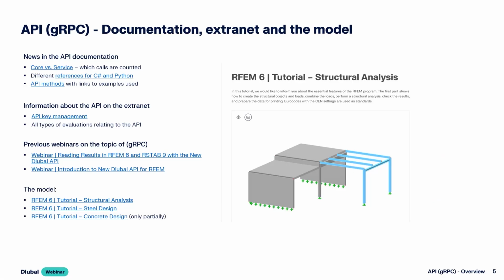I will show you the roadmap for the webinar here. We start with the news in the API documentation. Then we move to the information about the API on the extranet, about the key management. I don't want to go too deep into detail because it's just a small overview. Then we go to the previous webinars.